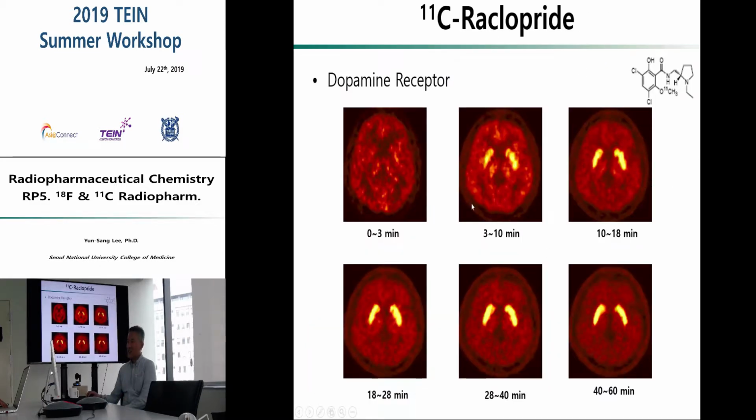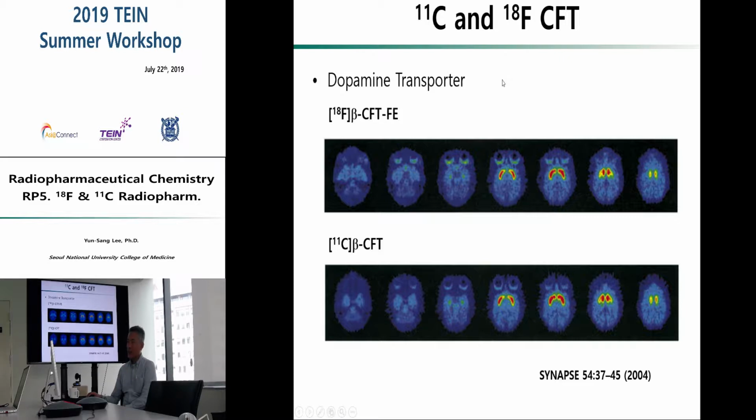And here we can see Professor Jamin Jung's brain dopamine receptor imaging. Earlier we made C11 raclopride and then we could get the normal image. In case of dopamine transporters, a CFT analog was invented, and you can see almost the same image pattern as C11 raclopride.